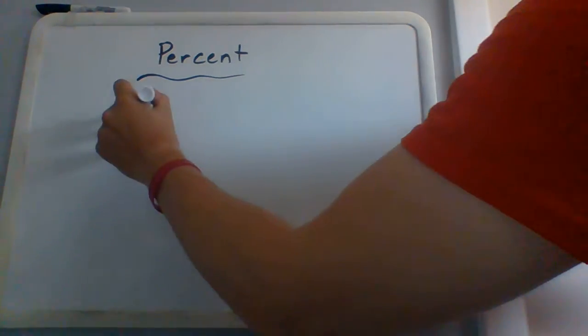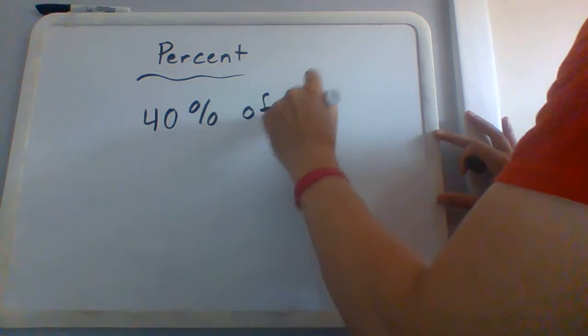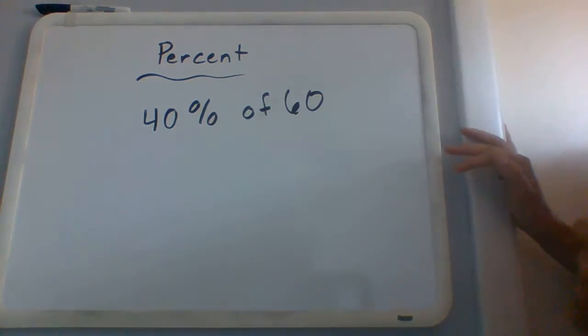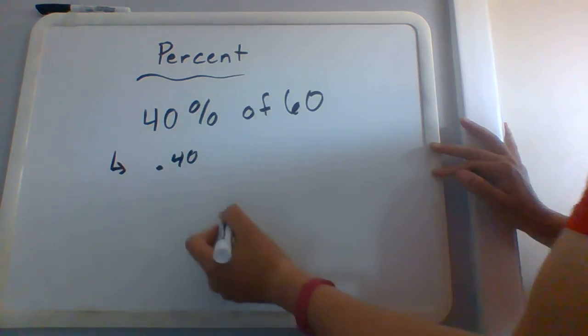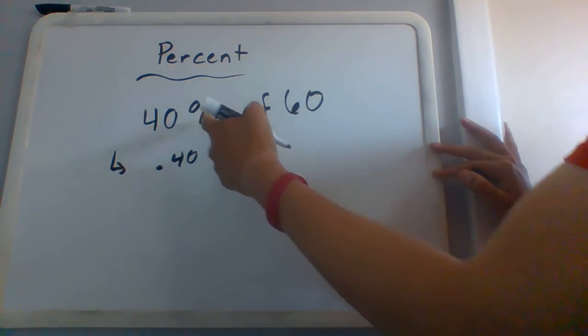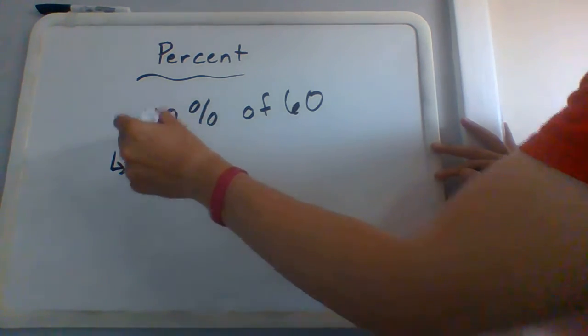So if I asked for 40% of 60, you can plug this in your calculator as 0.40. I got that because there are two zeros and a percent sign, so think of 40 as a whole number and you're moving the decimal twice.